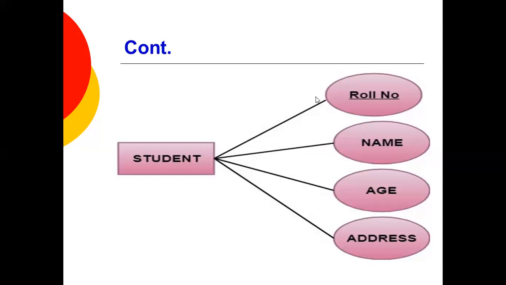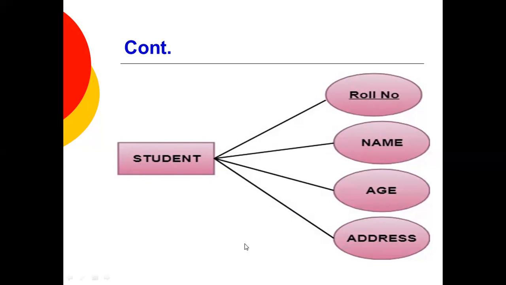Now these are the different attributes, which are related to this entity: roll number, name, age, address.